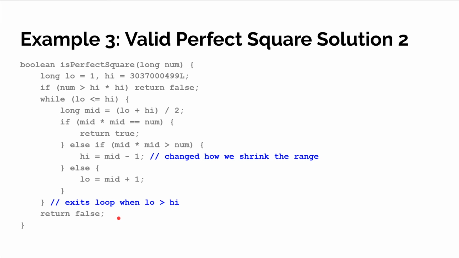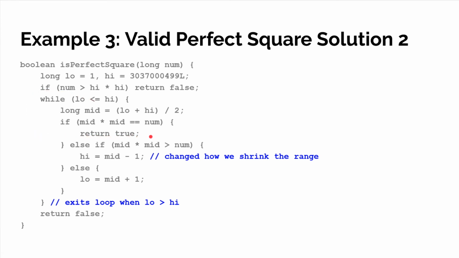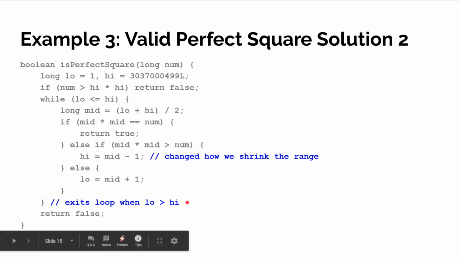But there are, again, different ways of doing this type of binary search as usual. So this, again, would be another solution. While low is less than or equal to high this time, we will still check inside this loop if low is equal to high. And we change how we shrink the range this time. And this time, we exit the loop when low is greater than high.